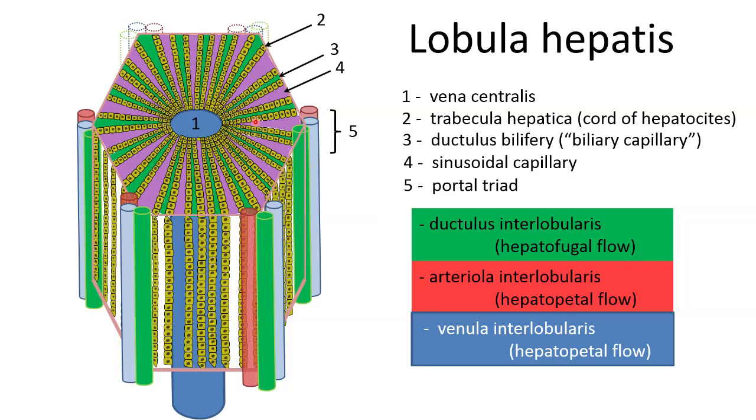Let's remember the two main functions of the liver and of its smallest units or particles, the lobules. The first function is bile formation, bile secretion.